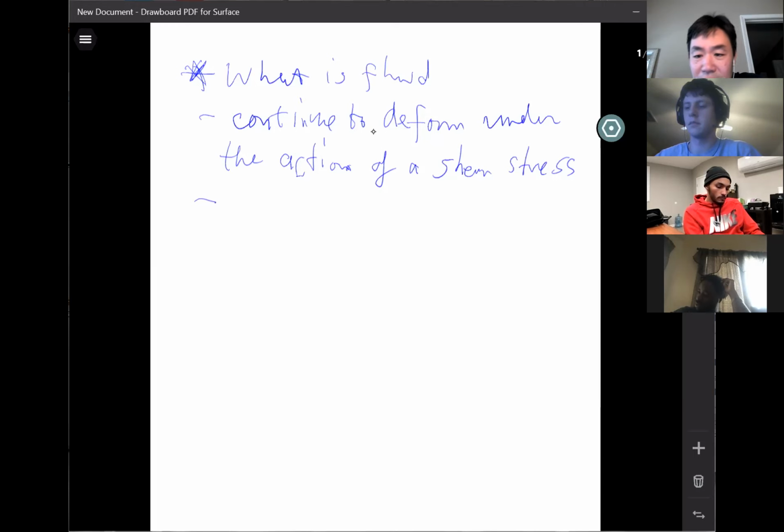If you Google "glass fluid," have you ever heard that glass is a fluid? You will see many people believe glass is a fluid. Why is that? I don't know if you've ever been to an old church, like in Europe, a lot of churches 200, 300 years old, with antique glass sitting there for hundreds of years.